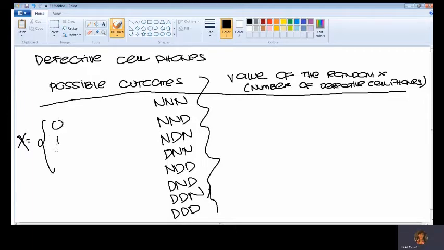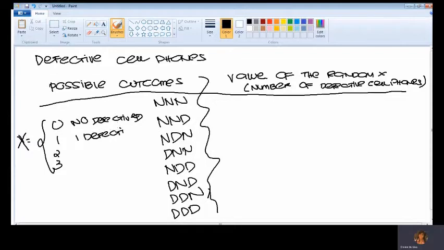So 0, 1, 2, 3. So this one, no defective. If there's one defective cell phone, we assign number 1.